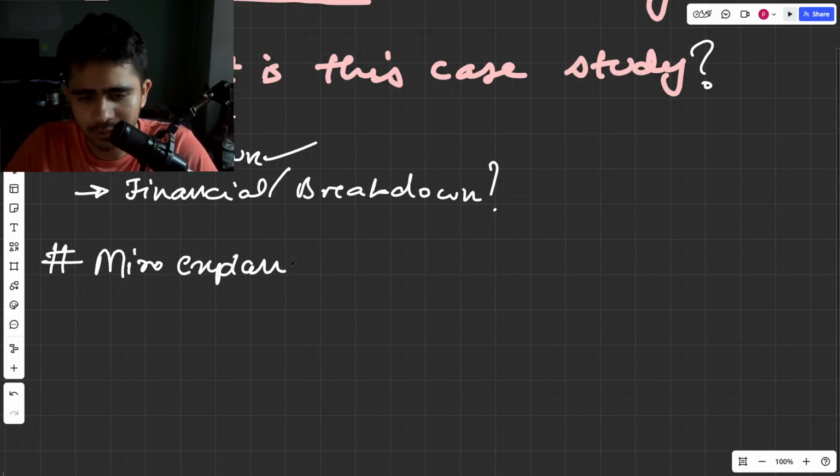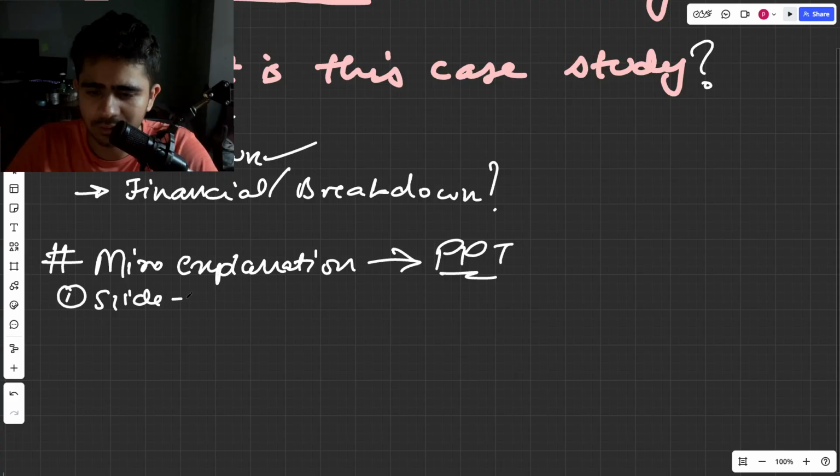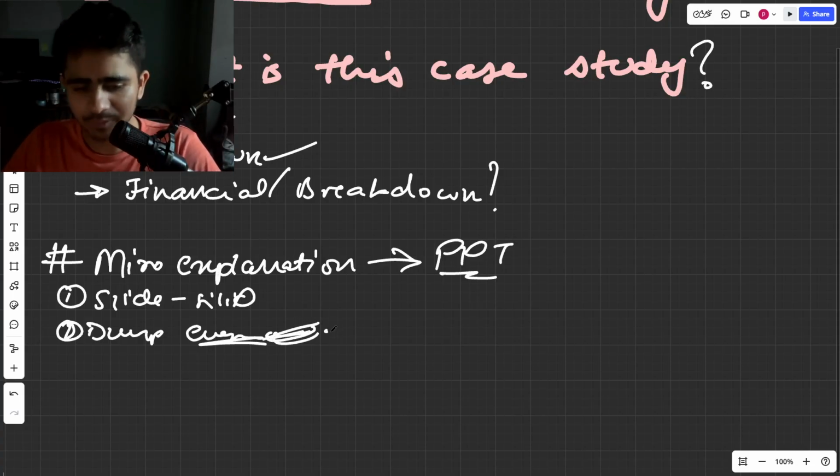I can't come up with a better word right now because I want to transcend this into a PPT later. So now the question is, should I go with a slide or should I just dump everything here? I think I'll go with this, and while I'm dumping, I'll plan what the slide structure is like.